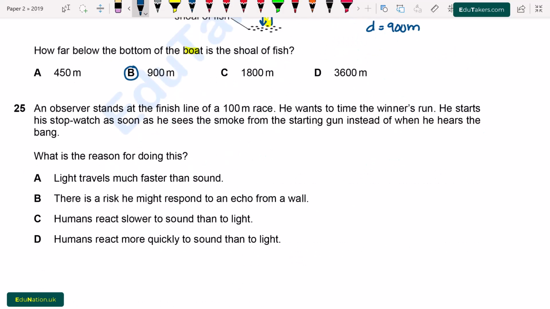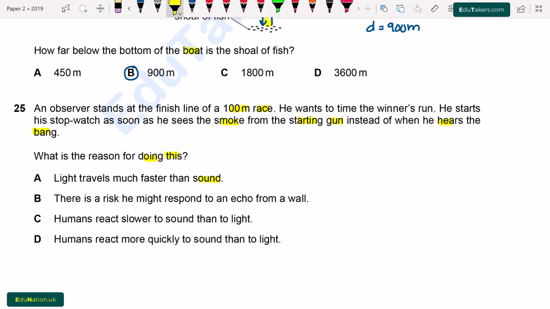Question number 25. An observer stands at the finish line of a 100-meter race. He wants to time the winner's run. He starts his stopwatch as soon as he sees the smoke from the starting gun, instead of when he hears the bang. What is the reason for doing this? Option A. Light travels much faster than sound.